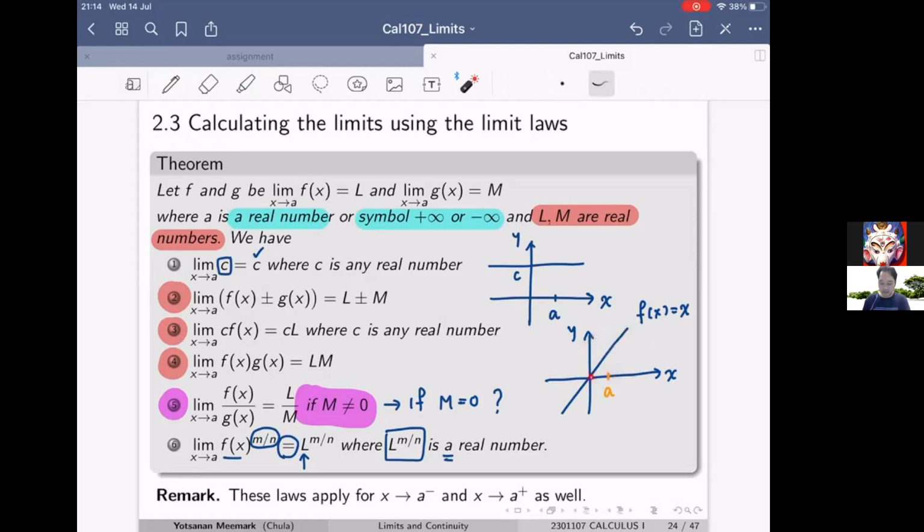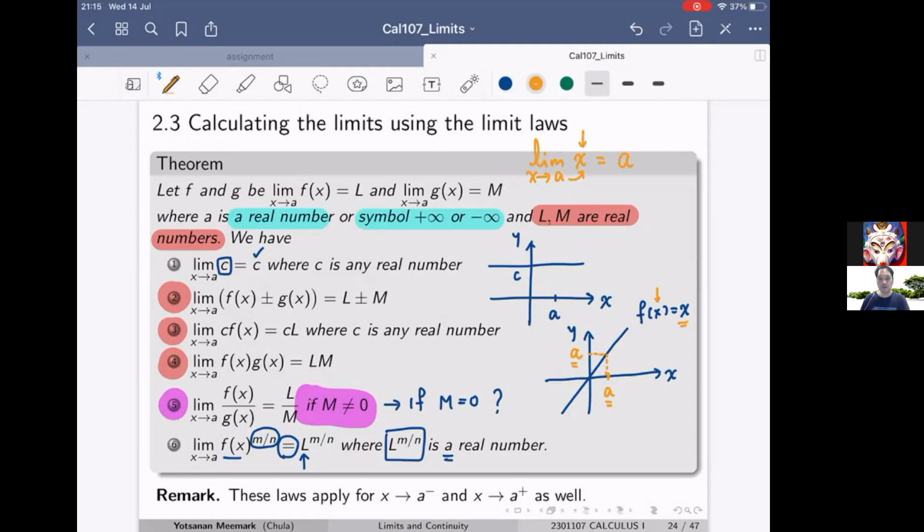As you go from the left, it also gets close to this function value, right? And what is this function value? The function value of this one is the same, right? If you input x, the output will be x, same thing. So if you input a, the output will be a as well. So it means that the limit as your x goes to a of the function x is a. So what does this mean? It pretty much looks like you just plug in your x as a in this function, right?